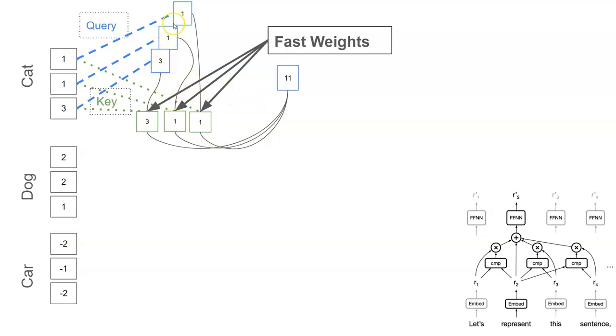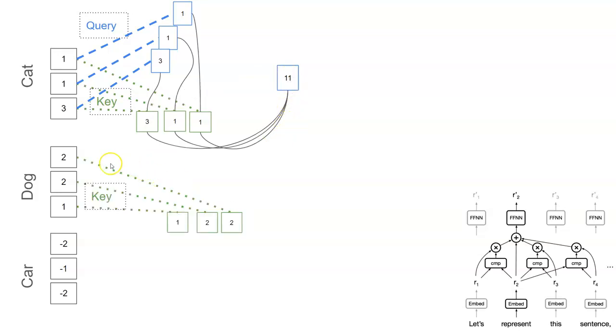Okay, so we know now that 11 here. So what does this number mean? Well, this means that cat believes that cat is 11 worth. So I'm going to focus 11 on myself. Okay, so we know cat is 11. So what next? Well, we take the key for the dog. The key is just 221, 221.